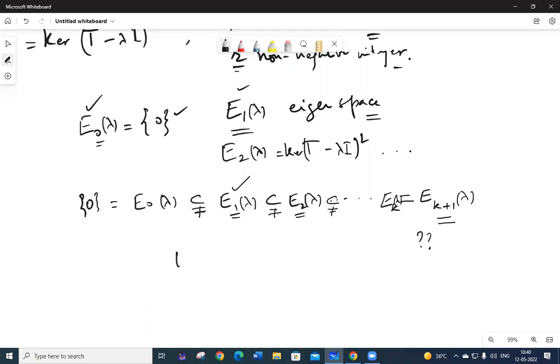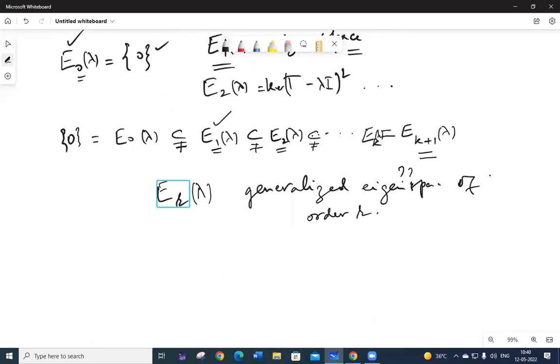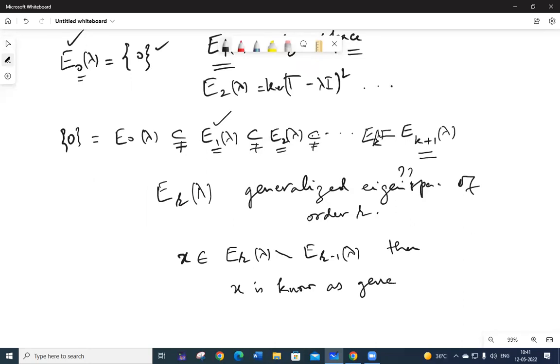They are known as generalized eigenspaces of order R. If I take X belonging to E_R(lambda) but not in E_{R-1}(lambda), then X is known as a generalized eigenvector of order R corresponding to eigenvalue lambda.